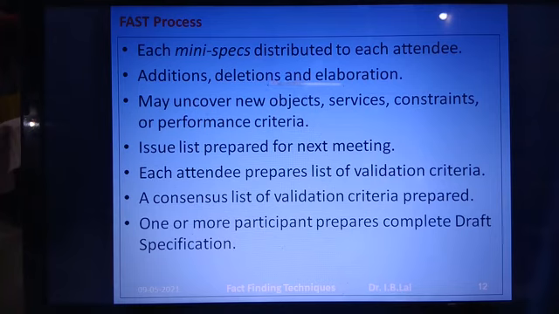Each attendee prepares a list of validation criteria, and a consensus list of validation criteria is also prepared. Finally, at the end of the meeting, one or more participants prepare a complete draft specification onto which both parties sign: developer, customer, facilitator, and also the recorder.